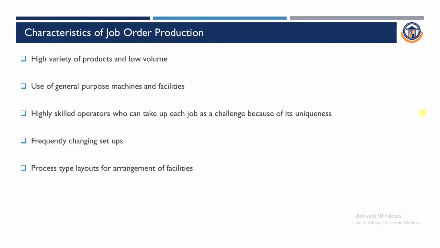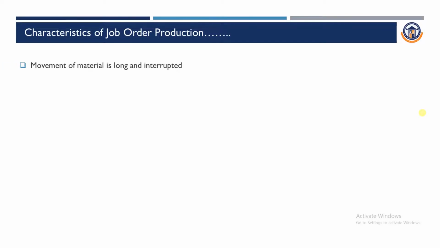Process type of layouts for arrangement of facilities is used in job shop, and there are large inventory of materials, tools and parts as a part of the system. And some more characteristics of job shop production systems are: the movement of materials is very long and interrupted.